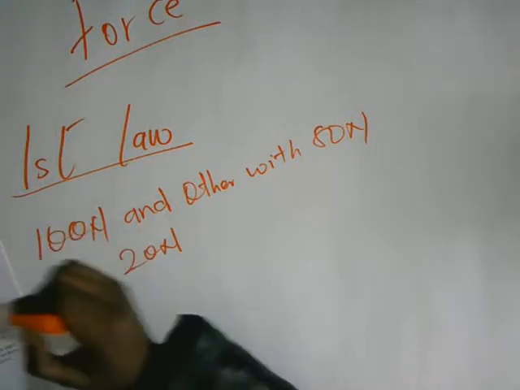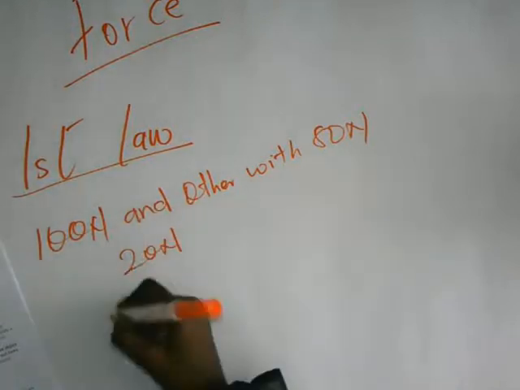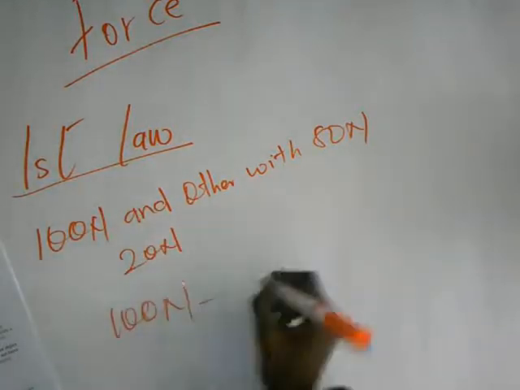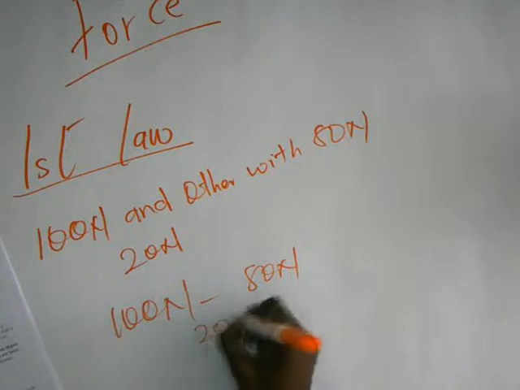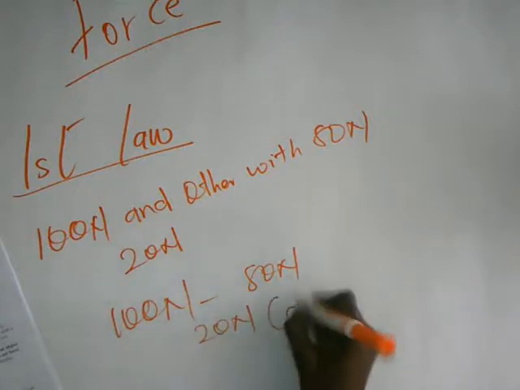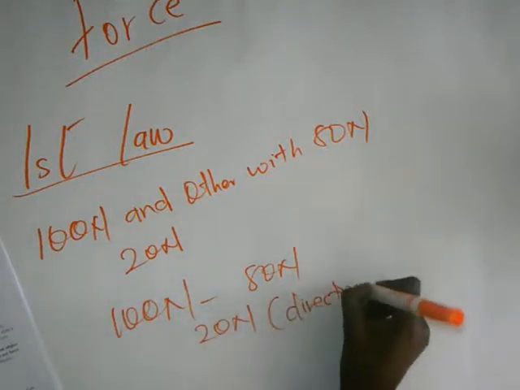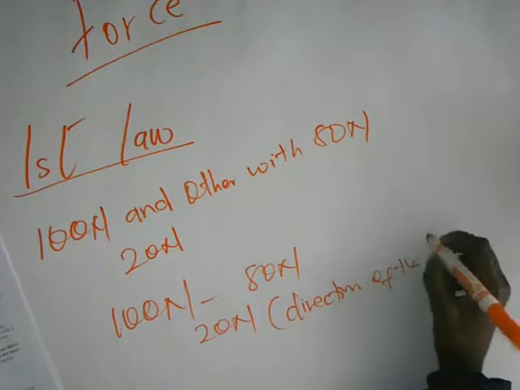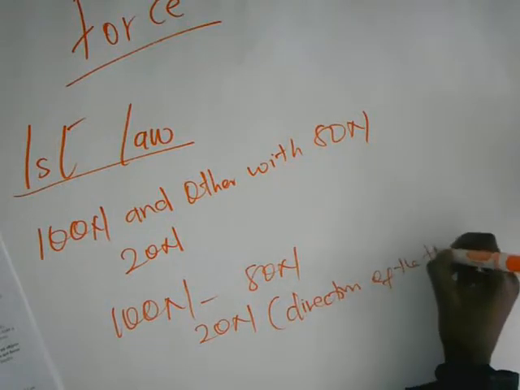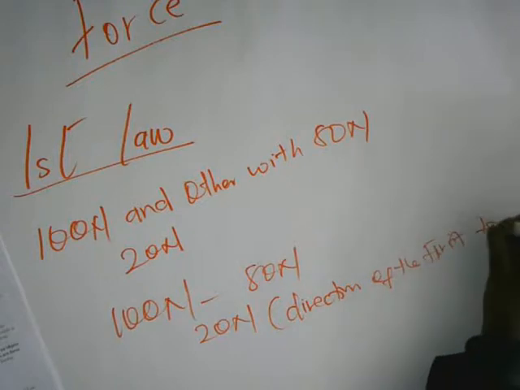So in that case, you have to subtract 100 newtons minus 80 newtons. That will give you 20 newtons, the direction of the first team.